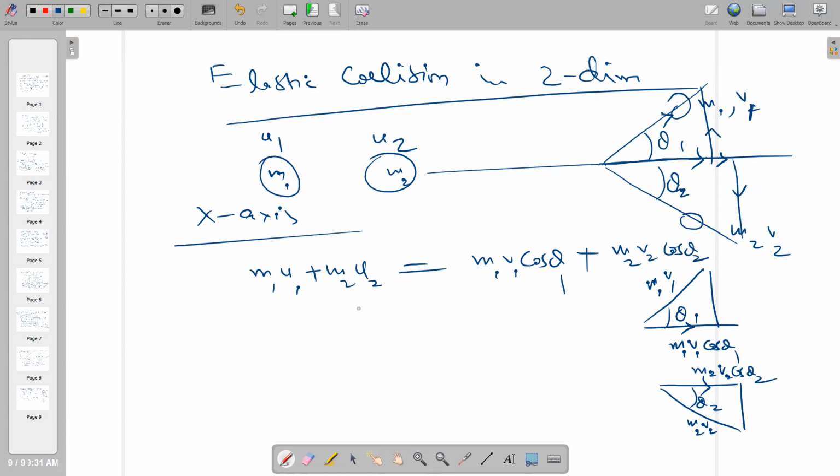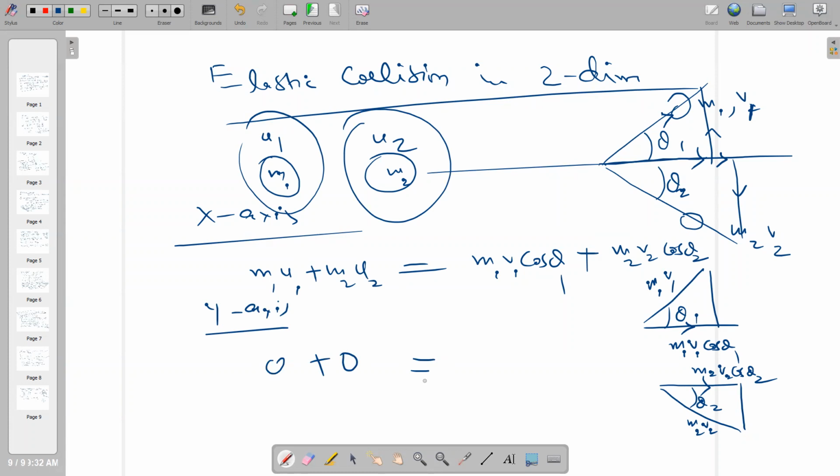Now the momentum along the y-axis, because it is two-dimensional. So y-axis momentum before collision is 0, so 0 plus 0 is equal to, here the y-axis is this one.